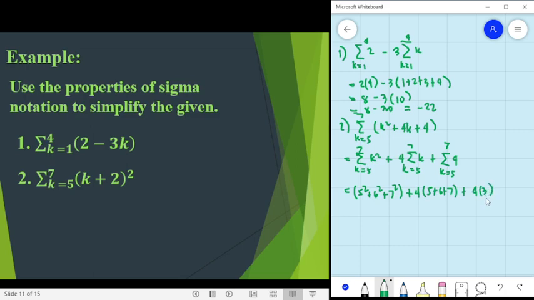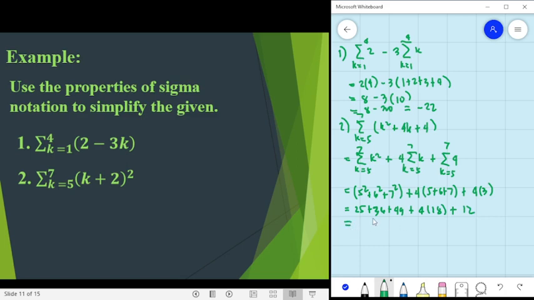Okay, 3 is what we use to multiply with 4 because there are 5, 6, 7. So, three numbers. Okay, so in this case, we have 25 plus 36 plus 49 plus 4 times 4 plus 5 is 9 plus 9 is 18, plus 12.